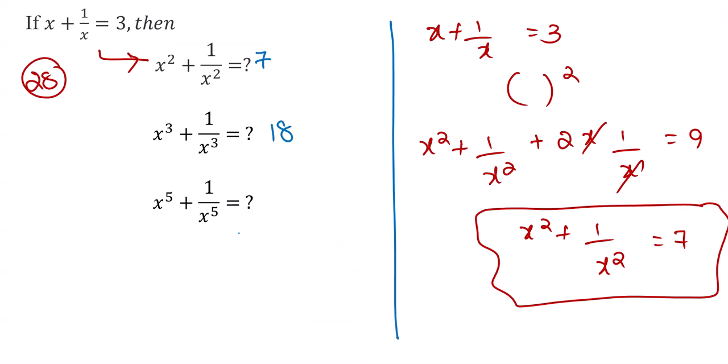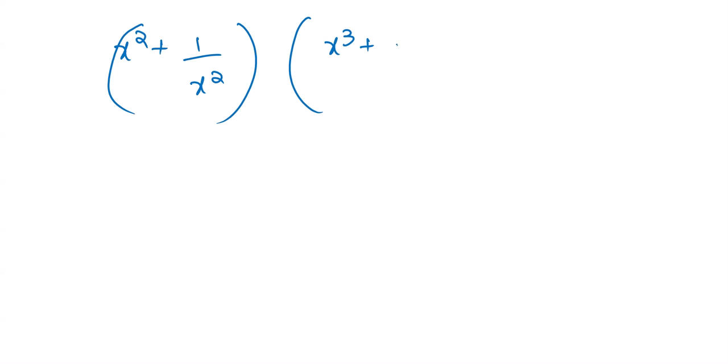Next, if you want x power 5, they're actually asking only the square, but we're extending the discussion. If you want to go to the next level, power 5, you multiply these two. x square plus 1 upon x square multiplied with x cube plus 1 upon x cube, which is 7 into 18.